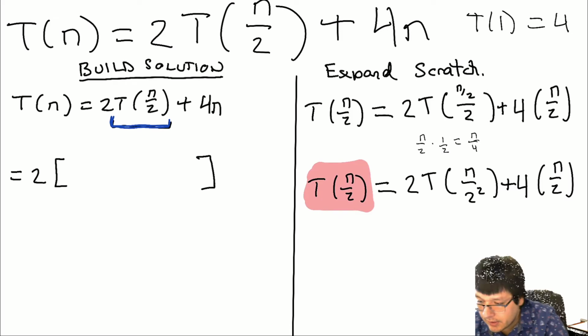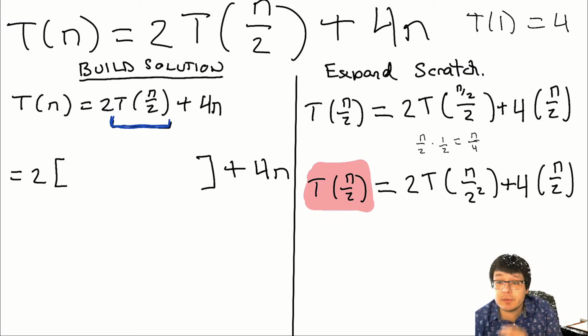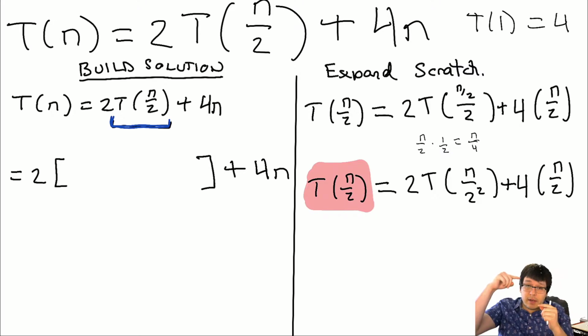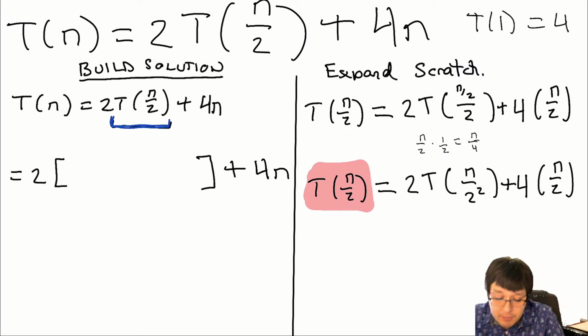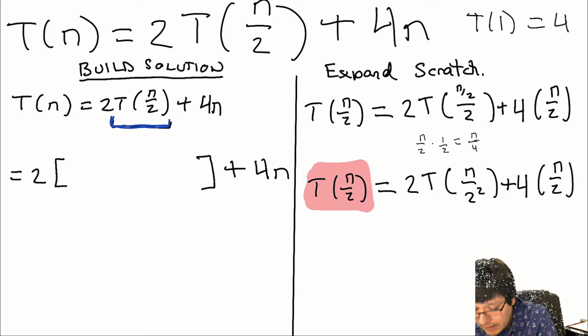And then I'm going to put my plus 4n here. All I did is copy the top line to the bottom, with the exception of not plugging in the t part, the t of n divided by 2. Why? Because instead of putting the t of n divided by 2, I'm going to put in what I just did here. In fact, I'm literally going to copy and paste it.